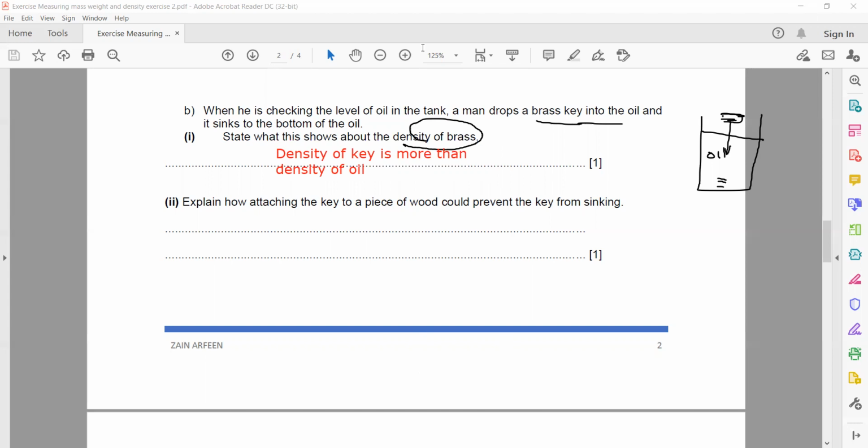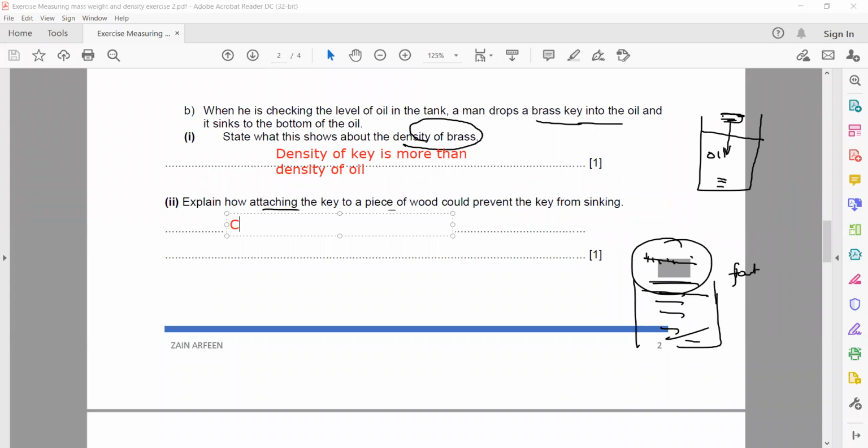Then explain how the key attached to a piece of wood could prevent it from sinking. Now they're saying we take a piece of wood and we place this key on this piece of wood, and now it starts to float. So why will the key not sink now?